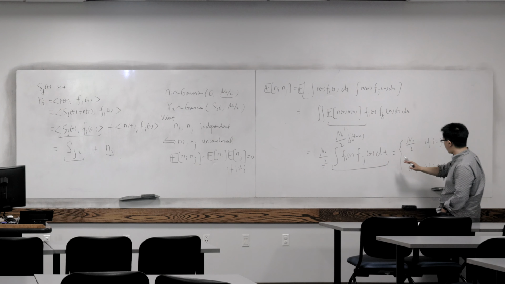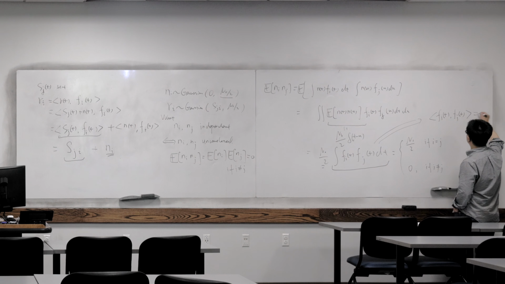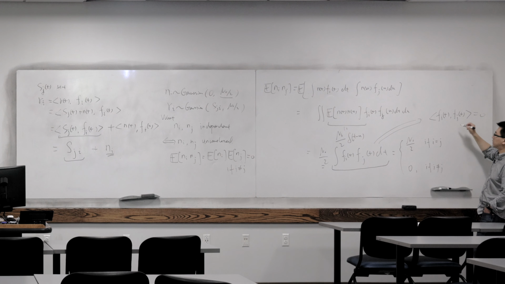By using the Gram-Schmidt approach, we can make sure that when i and j are equal, this will be 1. When i and j are not equal, basically if they are different bases, that guy equals 0. That means the inner product between Fi and Fj is 0, so they're orthogonal to each other.